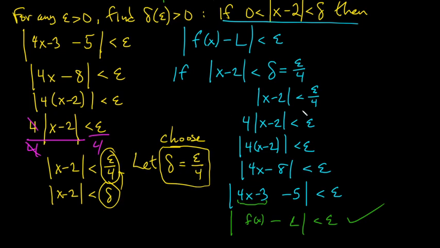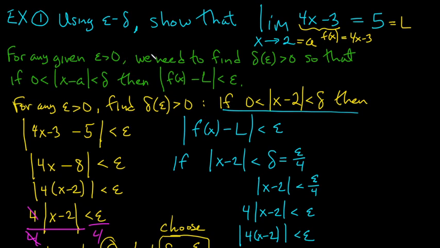Okay. So there we go, right? We now showed that this limit up here is correct. Right? As obvious as that might seem to us, right? I mean, 4 times 2 minus 3 is equal to 5, sure. But remember, the limit is not saying what happens when x equals 2. It's saying that if x is close to 2, then 4x minus 3 is close to 5.